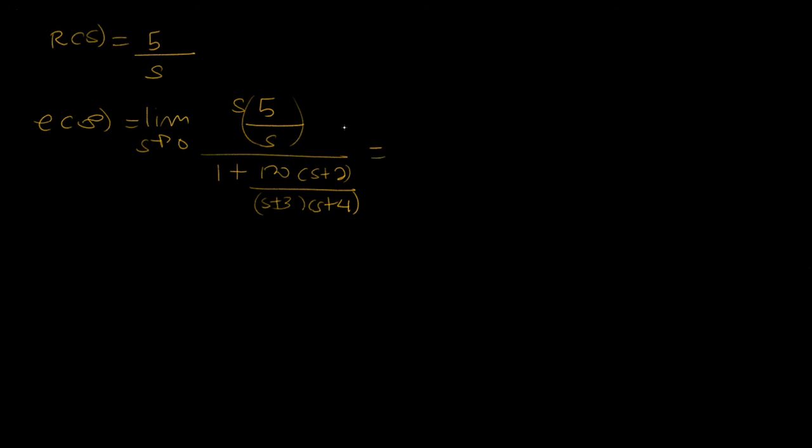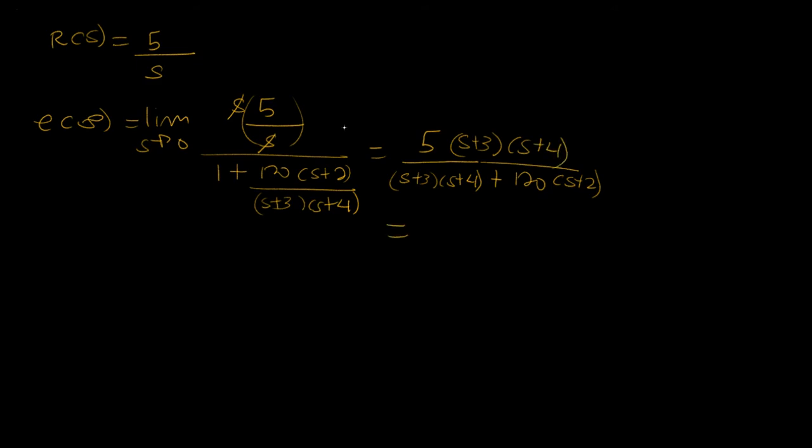And then, cancel. 5 over (s+3)(s+4) plus 120(s+2), and then (s+3)(s+4). Algebra lang yan. Pagka sinubstitute natin yung s equals 0, makakancel to, and then makakancel to.